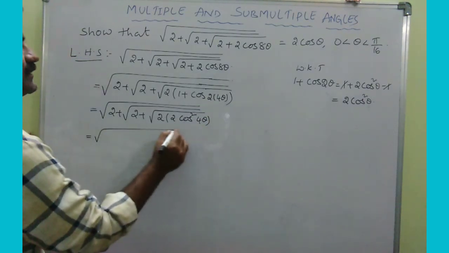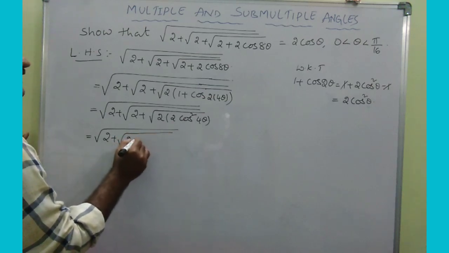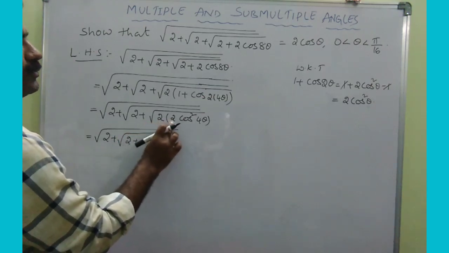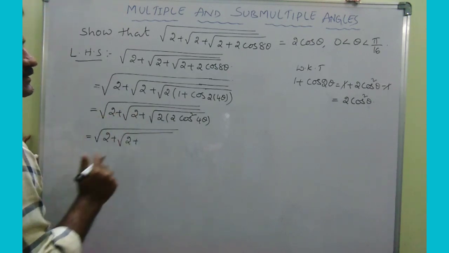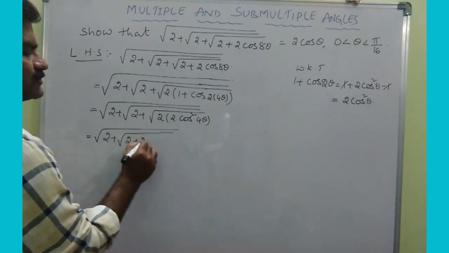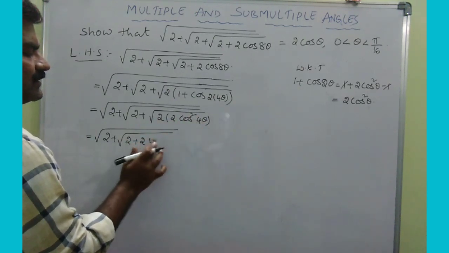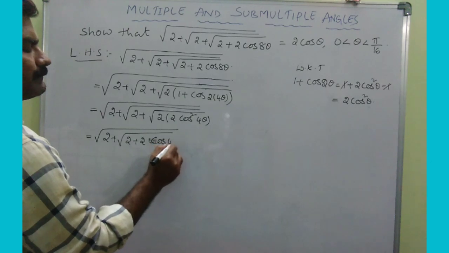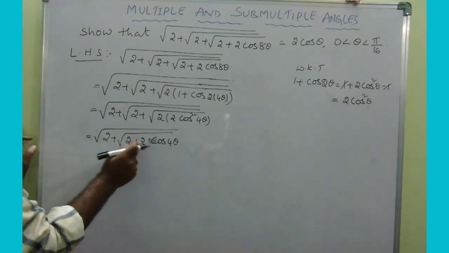So we can further write it as 2 plus, this is 4 cos square 4 theta, but these are under the square root, hence root 4 is nothing but 2, and root of cos square 4 theta is again cos 4 theta.